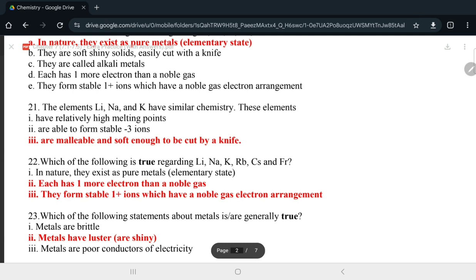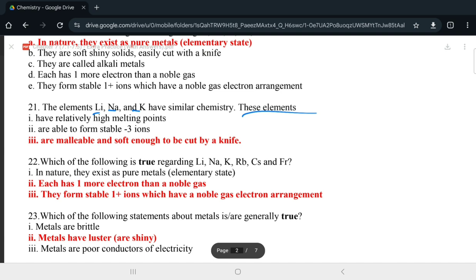The elements, okay, this is the first 3 elements in group 1. They have similar chemistry. These elements have high melting points. This one is kind of true. These 3 elements do have high melting points, okay? The melting point in group 1 is different from the noble gases. It actually decreases down the group. So the elements at the top of the group have the highest melting and boiling points. But what's stopping this from being true is that they don't all have the same melting points.